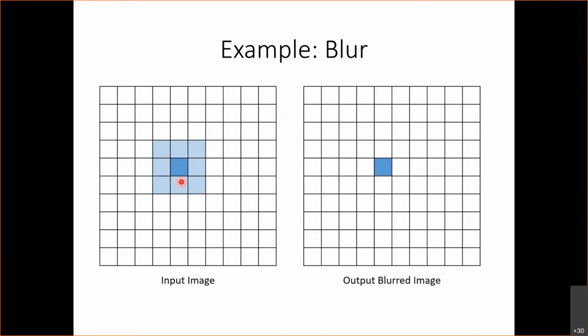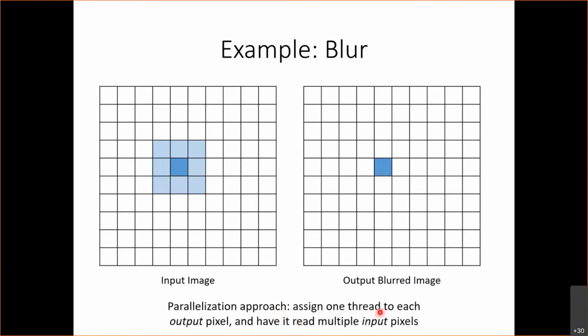So one parallelization approach is to assign one thread to each output pixel and have it read multiple input pixels. And this is a great approach. There are better ways of doing this, and we will see them later in the course. But for today, this is a great approach, nice and simple.